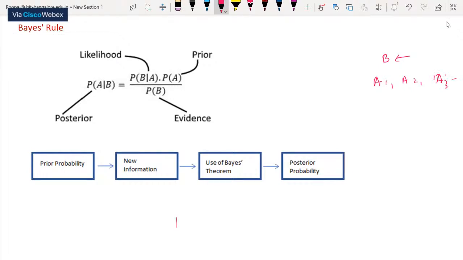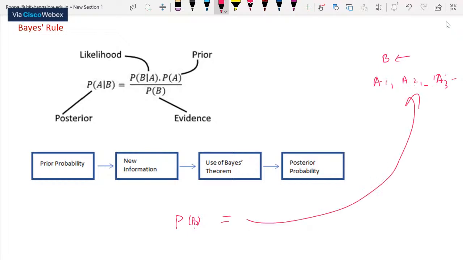Now I want to find the probability of B. A1, A2, A3 are attending, and then only we get the probability of B. The probability of B depends on which students attend. Based on that, we write the probability of B. That is the total probability of B.